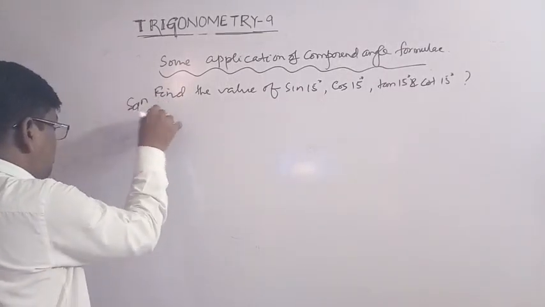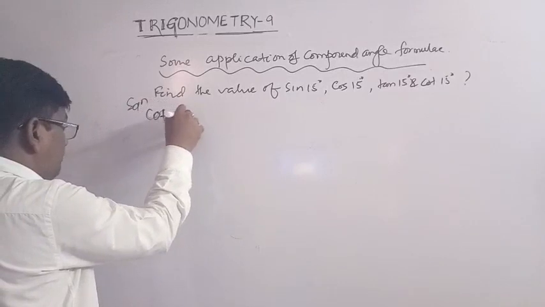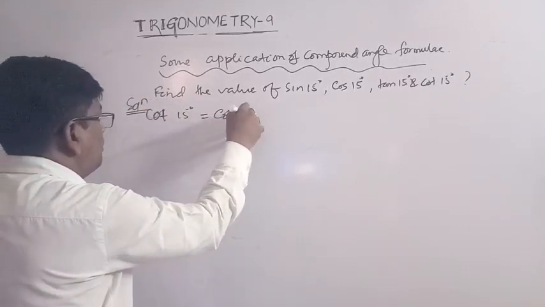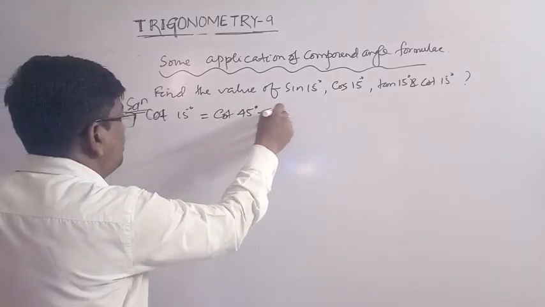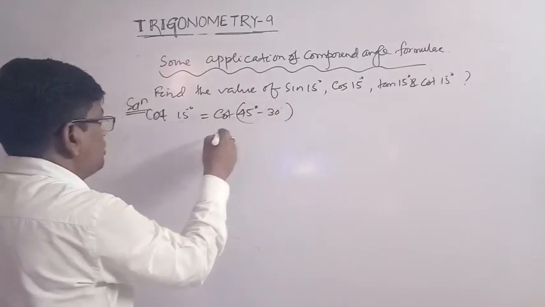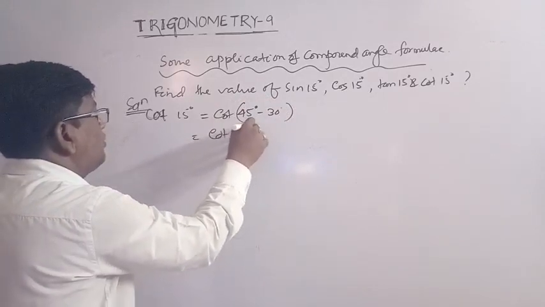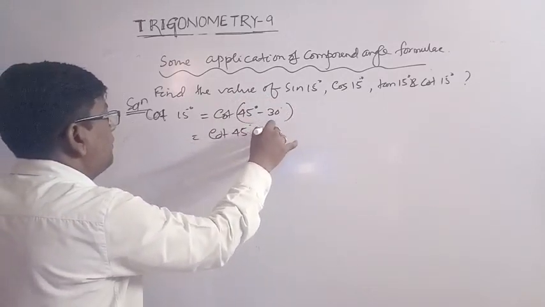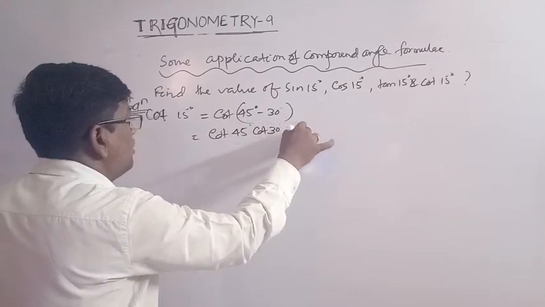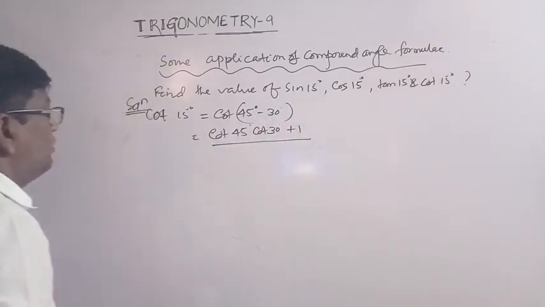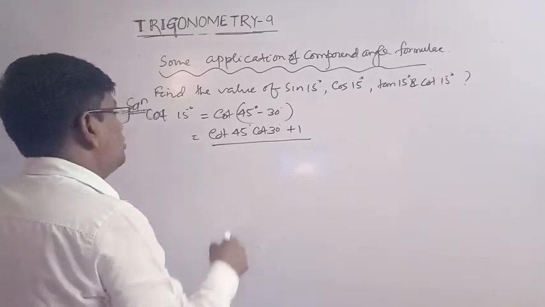Solution: cot 15 degree is equal to cot (45 degree minus 30 degree). Using the cot (A minus B) formula, that is (cot A into cot B plus 1) divided by (cot B minus cot A).